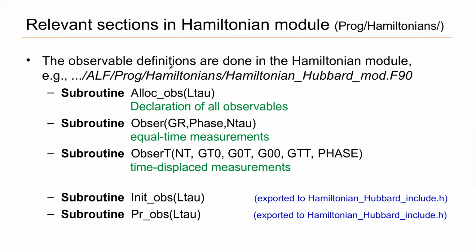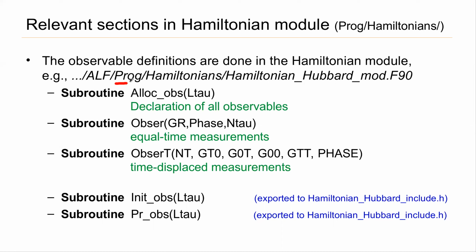Now, since people asked yesterday, let me be very explicit in where these observable measurements are defined in the source files and list all the relevant routines which contribute to observable measurements. First of all, this is all defined within your Hamiltonian files, which you can find in your ALF directory.